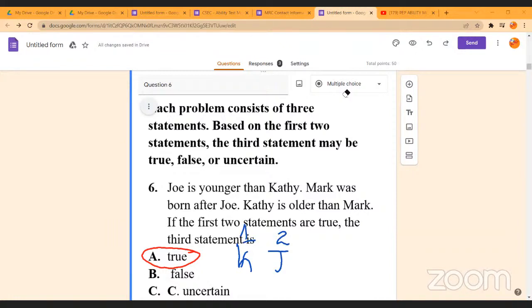All right, continue now for me, Tiana. Miss, then it said Mark was born after Joe. So where would I put Mark? Now that we know there's another child in the picture, Mark, and Mark is born after Joe, is Mark the first child, the second child, or the third child?